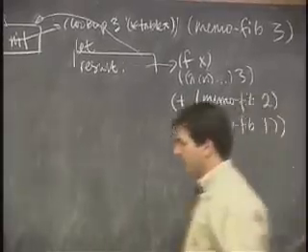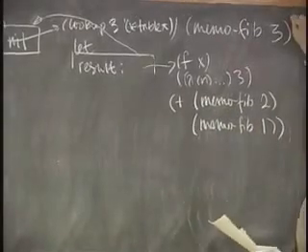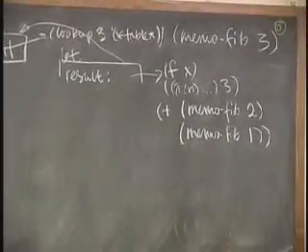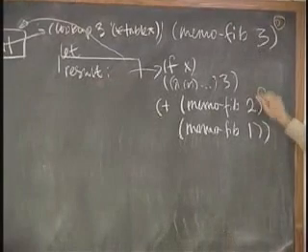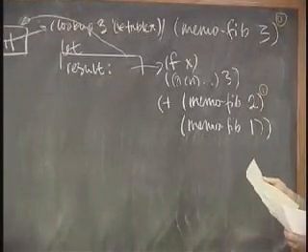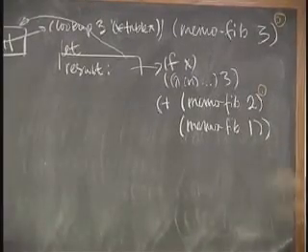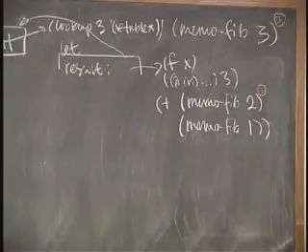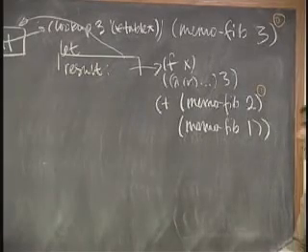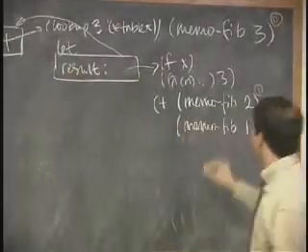Now I'm going to start numbering things. This will be the 0th call to memo fib. This will be the first call. And we'll continue on with that. We won't get to this one just yet because we're going to do this one first. Right? So far, so good. We have a lot of incompleted values here, but this is the way it's going.